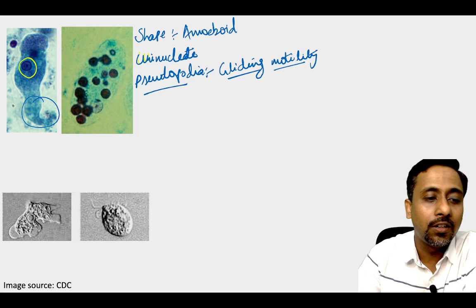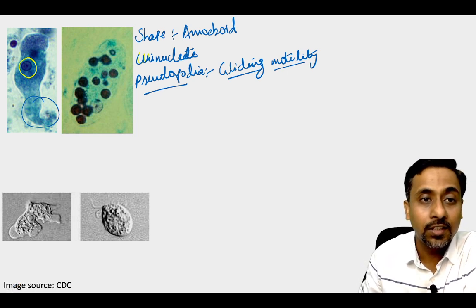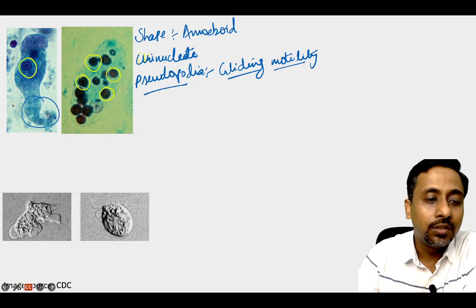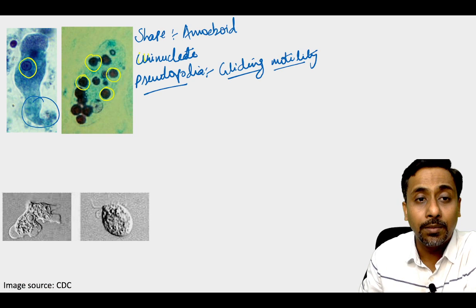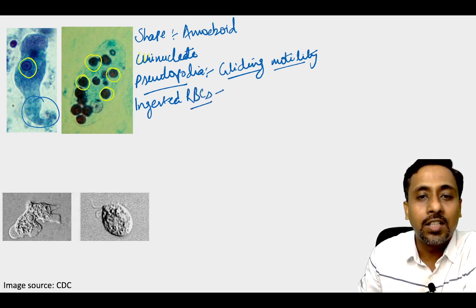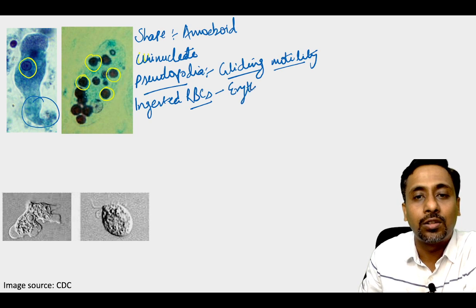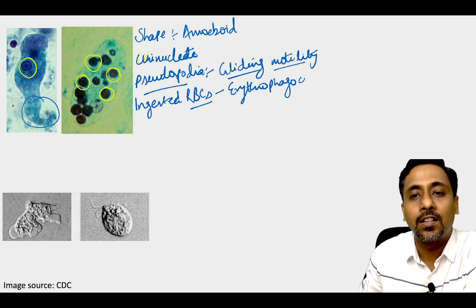Then see the presence of this. What is this? These are ingested RBCs. The trophozoite of Entamoeba histolytica ingests RBCs, and ingested RBCs can be seen inside them. This phenomenon is called erythrophagocytosis.